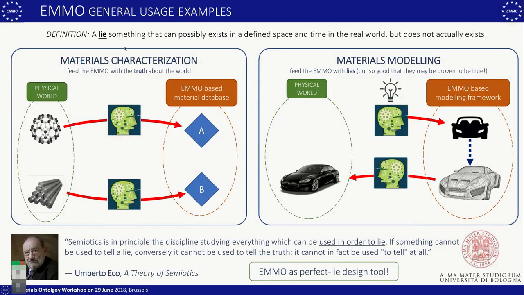So if we define a lie as something that can possibly exist in a defined space and time in the real world but not actually exist, then we can distinguish between material characterization and materials modeling.